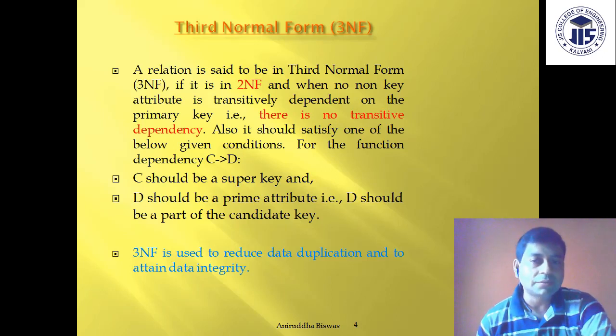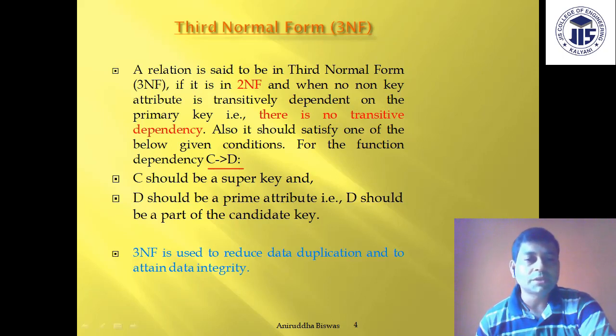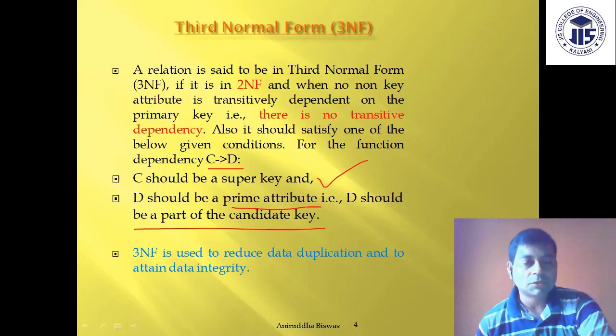The condition is that if there is a functional dependency C determines D, then C should be a super key, or D should be a prime attribute, that is, D should be a part of the candidate key. So a determinant cannot determine any other attribute outside of the super key.